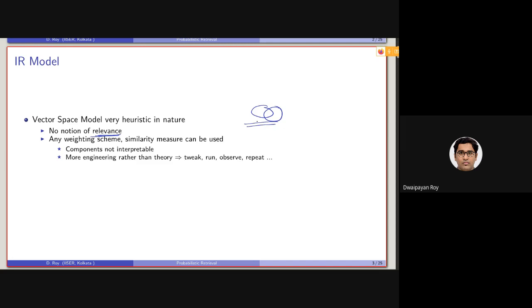In fact, the probabilistic model that we will be discussing will also be considering this. But the foundation of the probabilistic model is to model the relevance of a document for a given query. So the probabilistic model is the mathematical formalization for the relevance and non-relevance of a document for a given query.